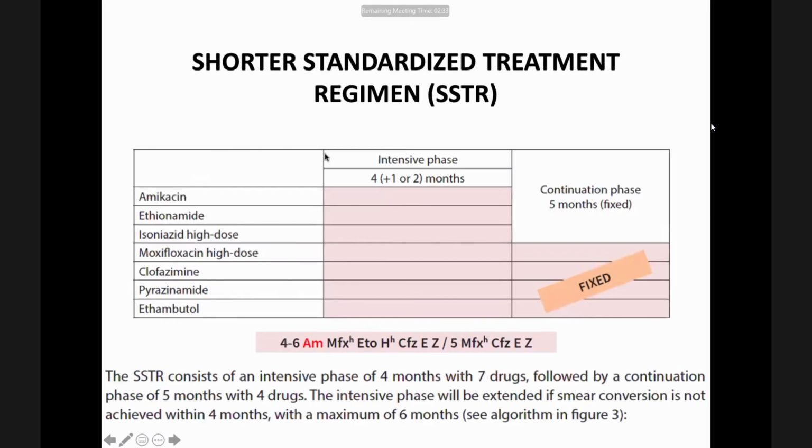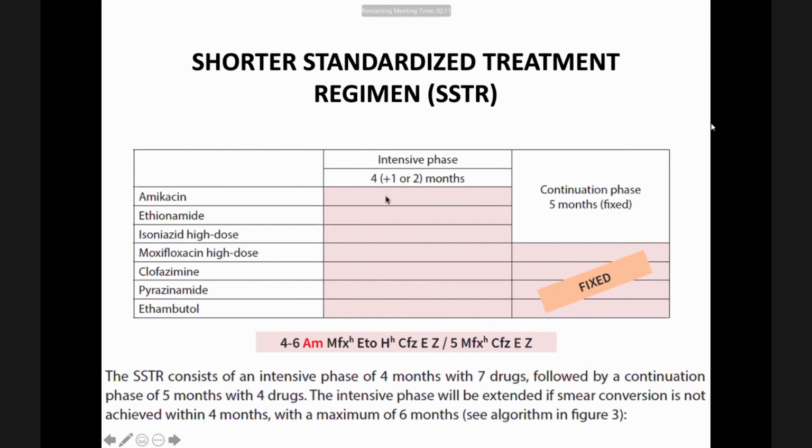So what is the nutshell of this? It is the shorter standardized treatment, in which the intensive phase is 4 or 6 months, with 2 months extension depending upon the analysis of the sputum.